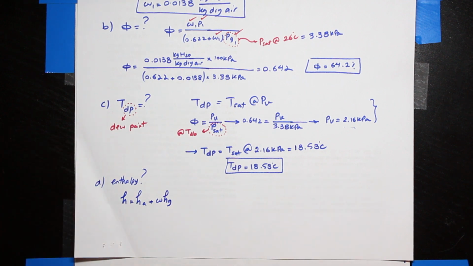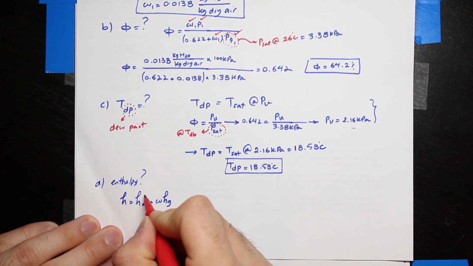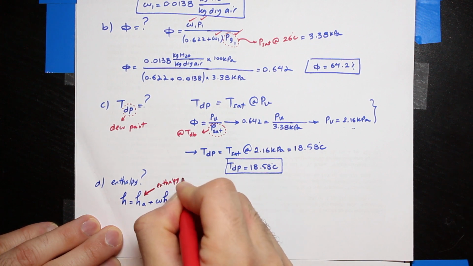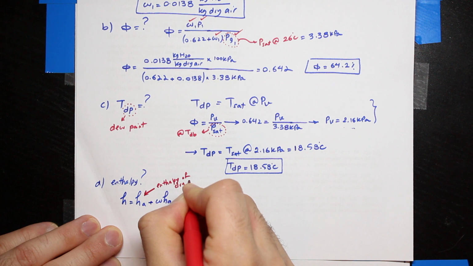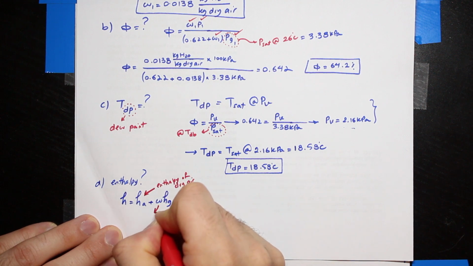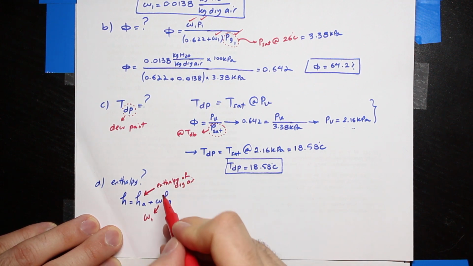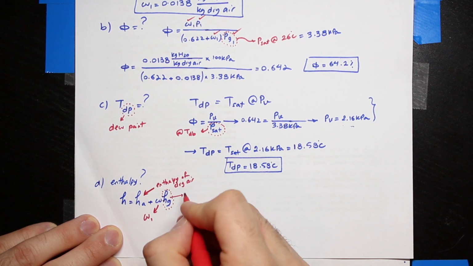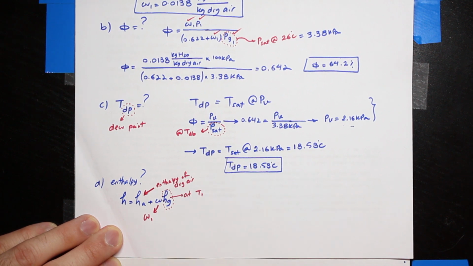Okay, so this is the enthalpy of dry air. And this is the absolute humidity we obtained in part A, which is basically omega 1. And Hg is also evaluated at dry bulb temperature. So this is at T1.